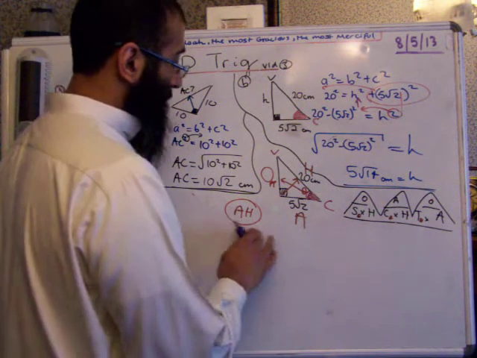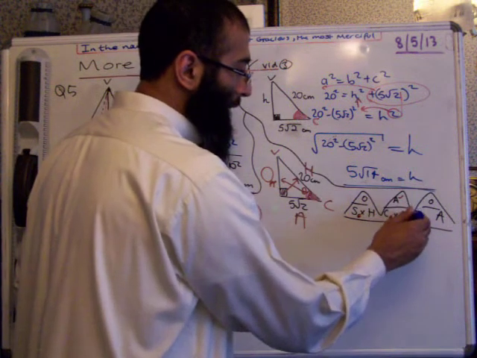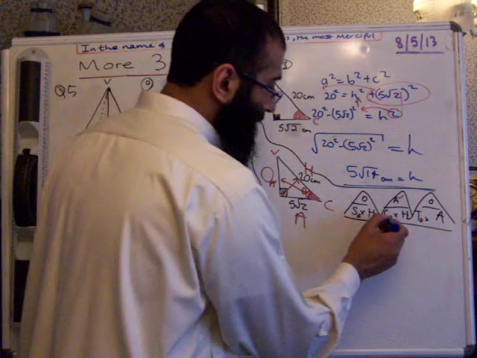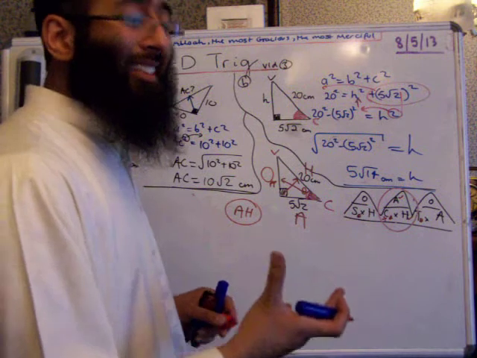Now, this is a quicker way of doing it. We know A and H. We know A, we know H, and we want to work out the angle. So the identity that we pick is the cos identity.